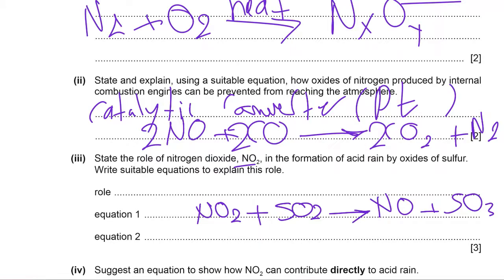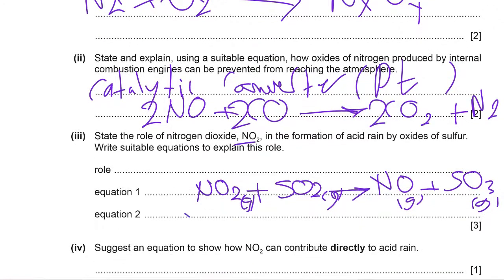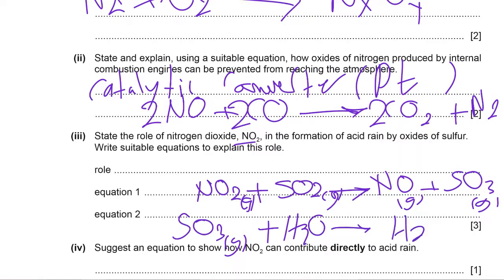The state here is gas, gas, gas, and gas. Then this SO3, which is gas, when it reacts with H2O, because rain, you will form H2SO4. So in this case you have formed aqueous acidic rain.